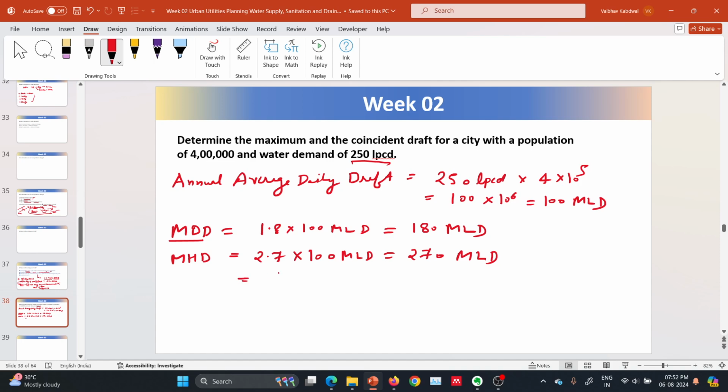Or if you want to calculate it on an hourly basis, we can calculate it as 270 divided by 24 million liters per hour. So if I solve it, how much will I get? 11.25.